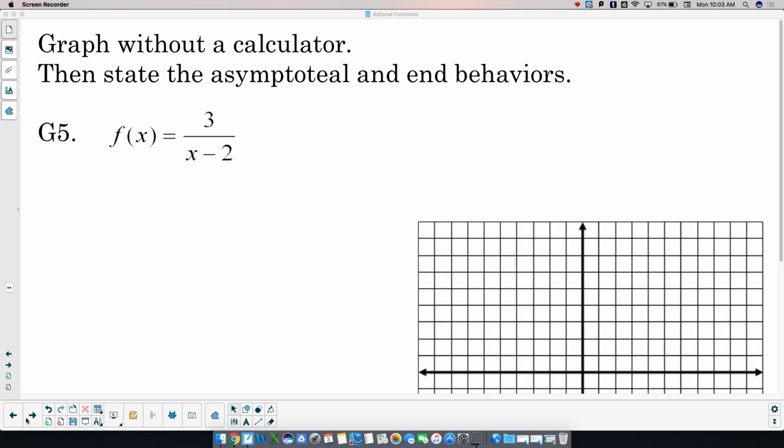All right. So f of x equals 3 over x minus 2, and we need to find the asymptotes and end behaviors with it also. So, step number 1 on our note sheet says we do what?